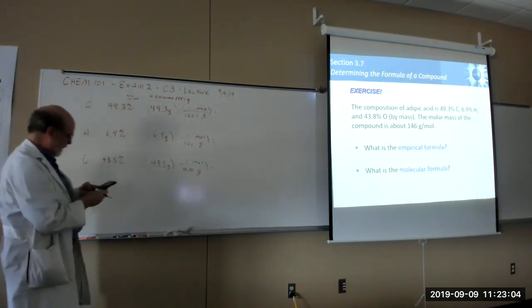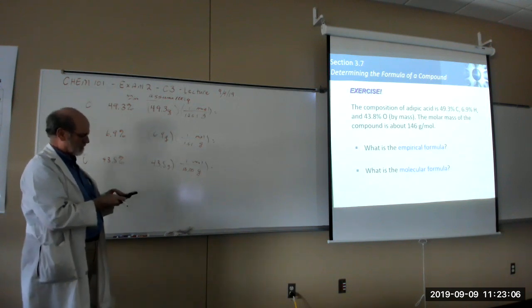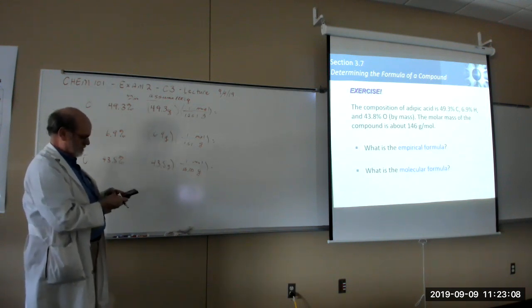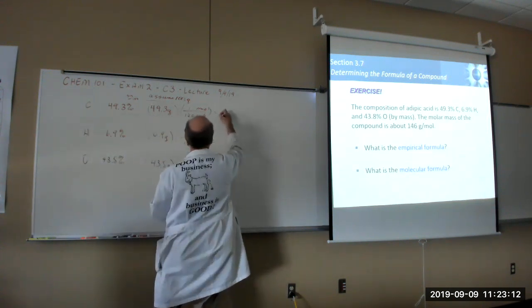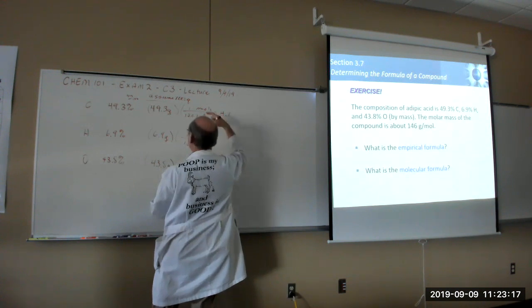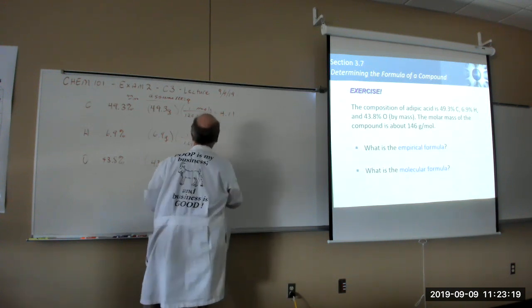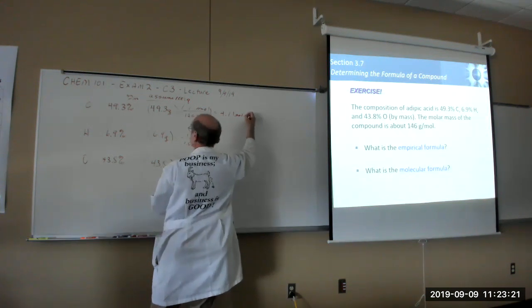So if we do 49.3 divided by 12.01, we get 4.105 moles of carbon.